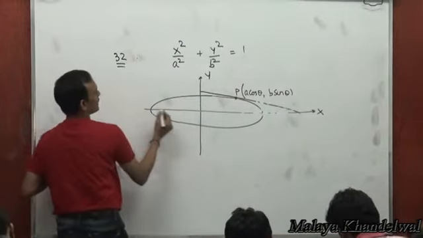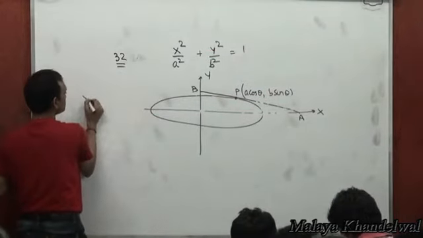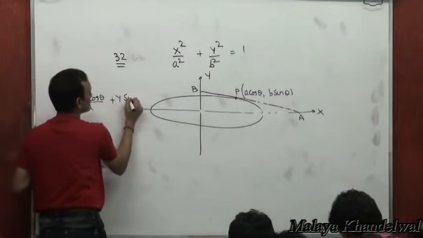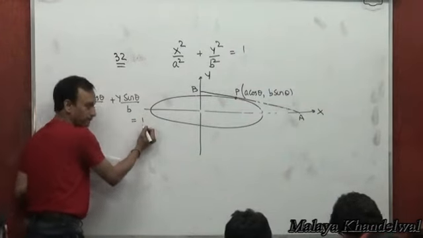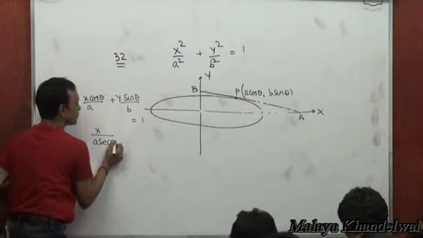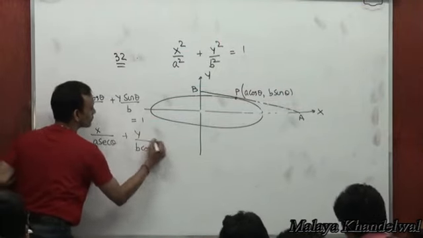Then the equation of the tangent is x cos theta by a plus y sin theta by b equal to 1. That's the equation of the tangent, right?